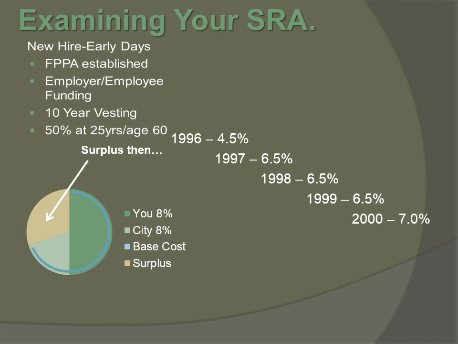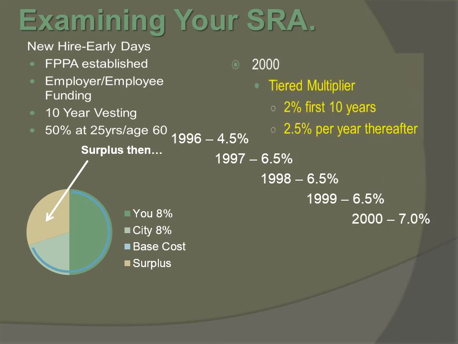In 2000, the tiered multiplier was voted in by the membership, much like our proposal today. This cost the plan a lot of money, but it was implemented without costing the members any more out of pocket. The members essentially received a better retirement without having to pay for it, per se. By virtue of the vote, members made the decision to forego larger future SRA allocations to receive a higher multiplier.